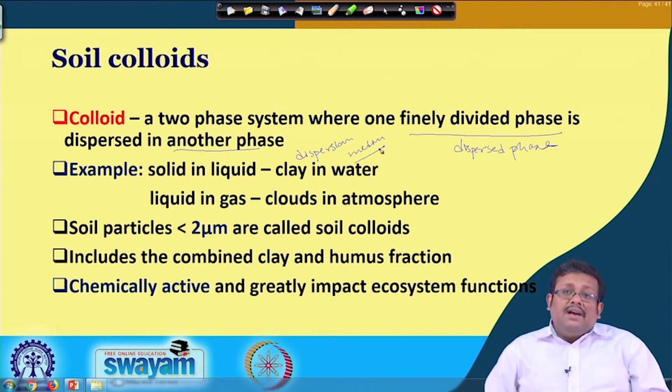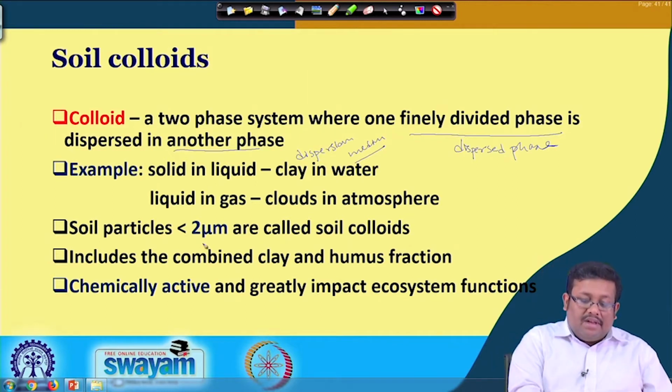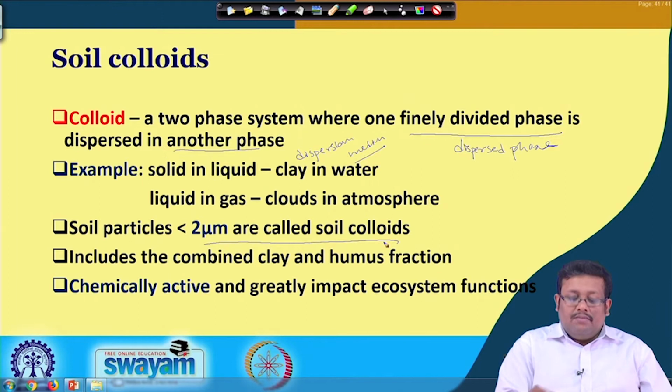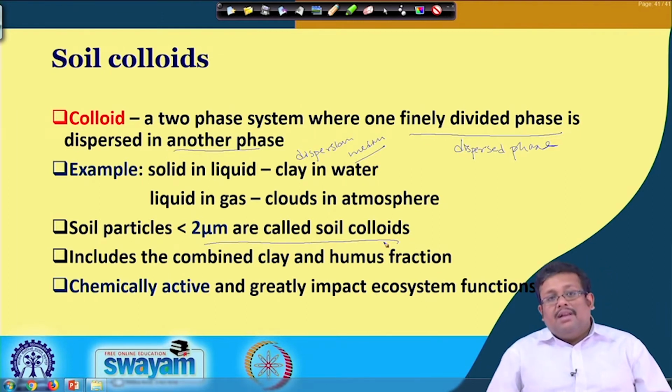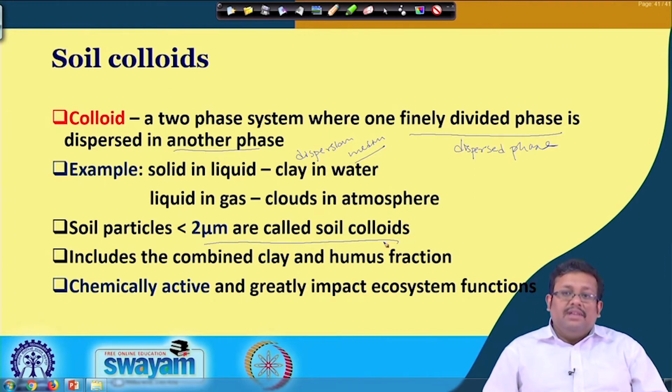And if we narrow down to the soil, all the particles having size less than 2 micrometer are called soil colloids. These particles combine both clays and humus fraction. We'll see in a couple of slides what their distributions are.